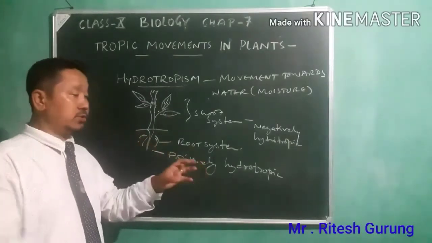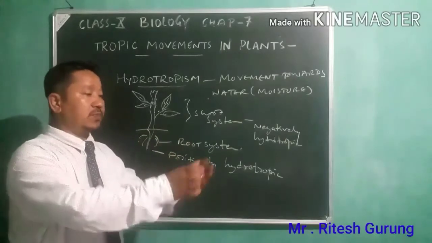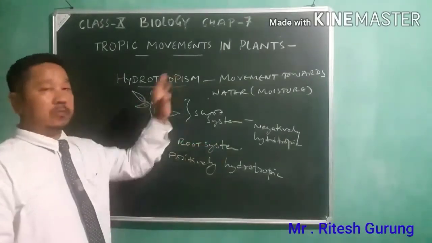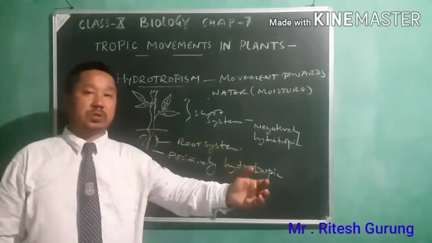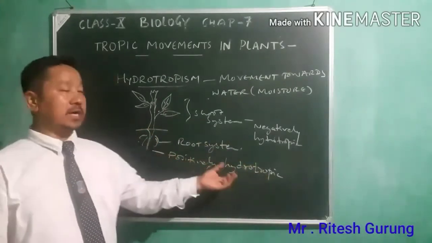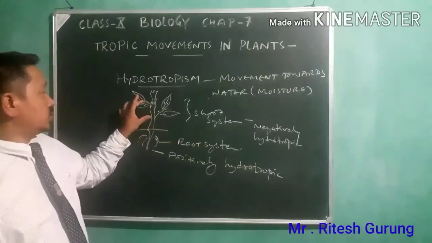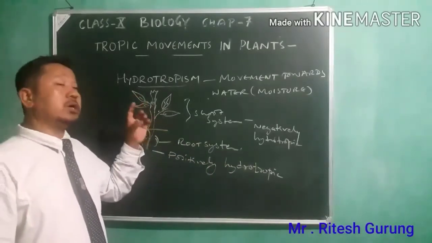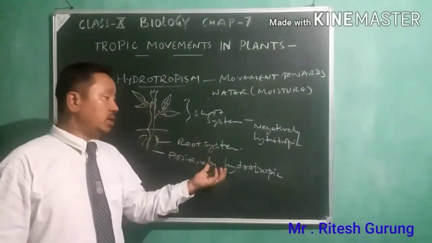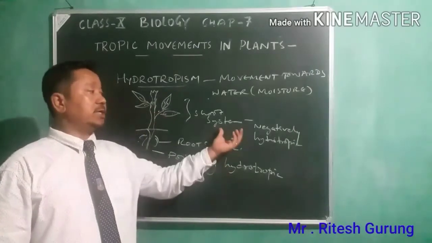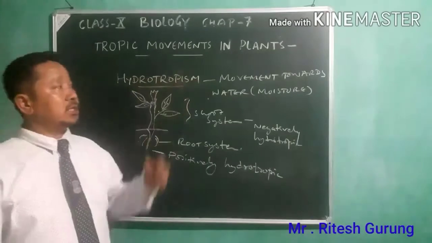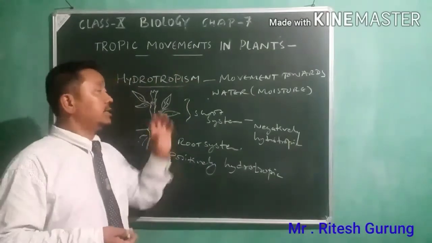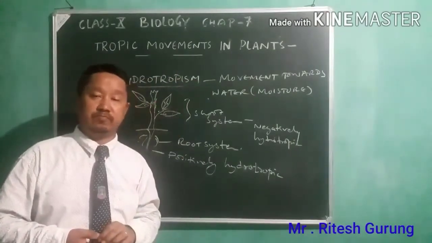Roots collect the water from the soil and supply it to the upper regions. Your shoot system grows away from the source of water, which is negatively hydrotropic. So this kind of movement towards the source of water is called hydrotropism.